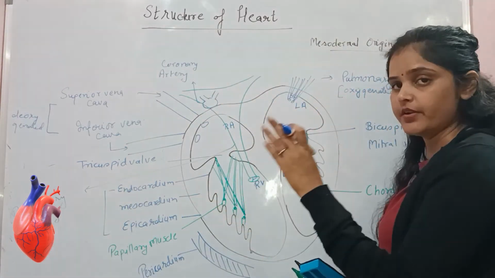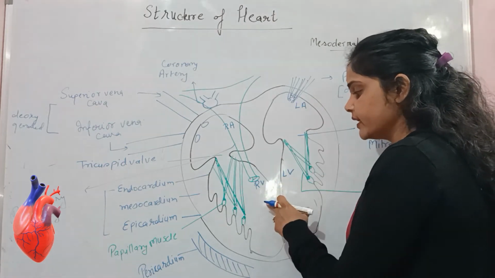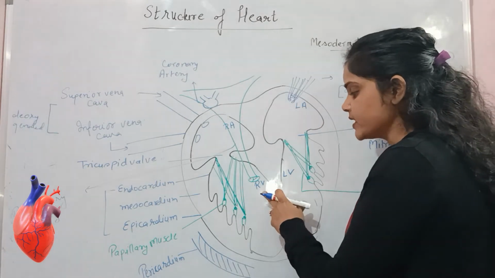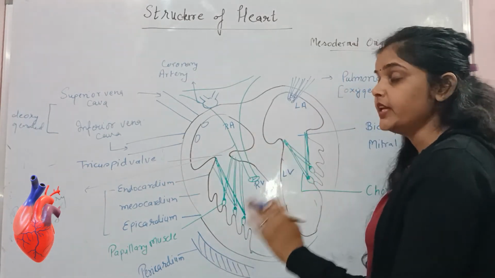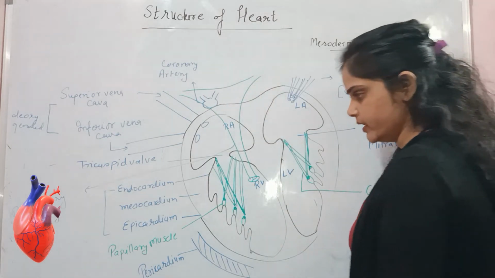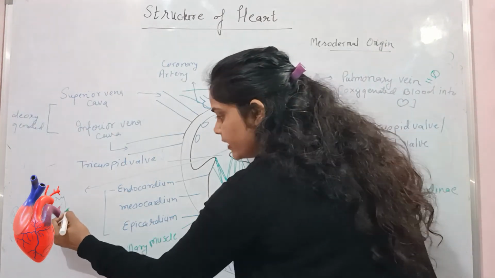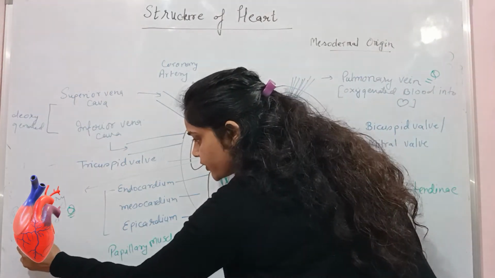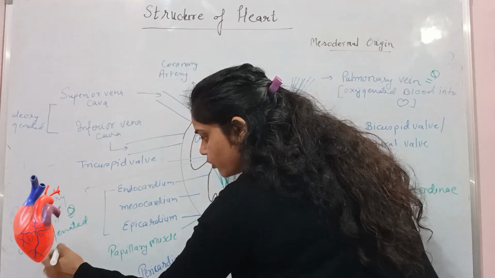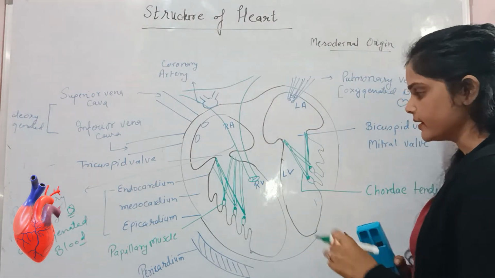So the pulmonary artery is the artery which is present where? In the right ventricle, taking the deoxygenated blood. So deoxygenated blood from the right ventricle is taken up by the pulmonary artery and transferred into the lungs for purification. Again, one thing is coming over here. The pulmonary artery is the artery which has what kind of blood? Deoxygenated blood is present in the pulmonary artery.